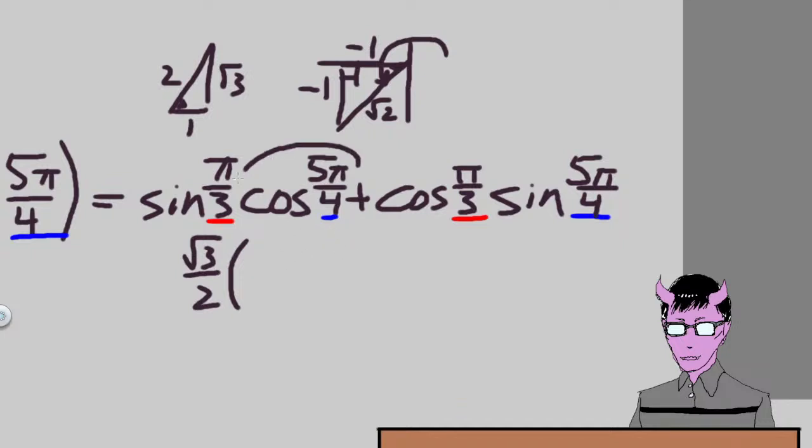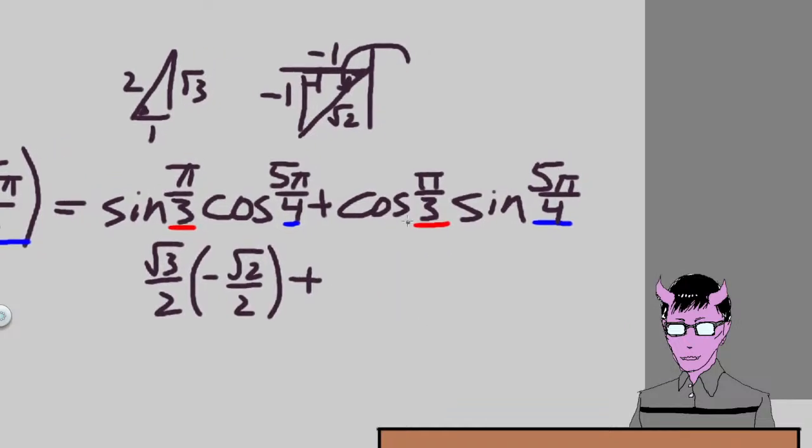So parenthetical, this one, which is negative root 2 over 2, plus, then of course cosine of pi over 3, 1 over 2. Sine of that one is going to get us a negative situation, so I'm going to put a parenthetical real quick. Opposite over hypotenuse.